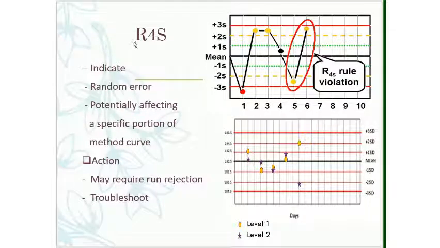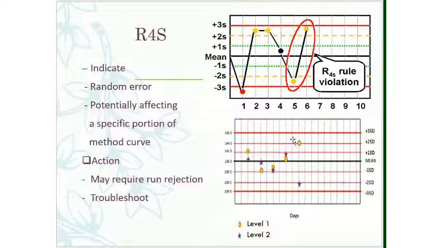So R4S means that 2 subsequent data have a distance of 4 SD, as shown in this example. One QC data is at minus 2 SD and another, subsequent QC data is at positive 2 SD. So the distance between them is 4 SD.